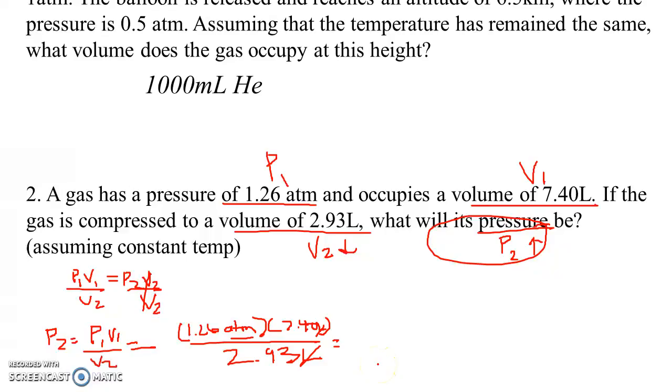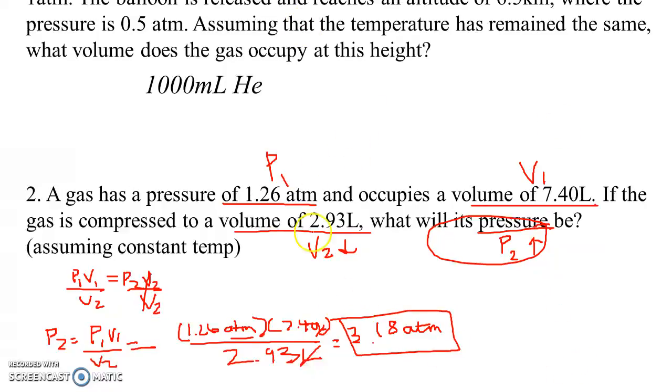So if we calculate, we take 1.26 times 7.4 divided by 2.93, and I get 3.18 atmospheres. Okay, so there's our answer.